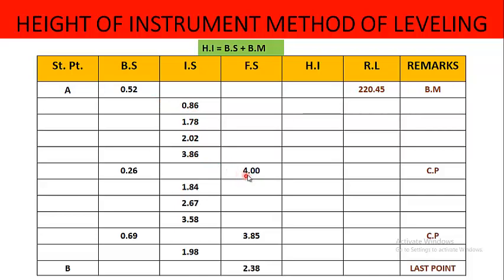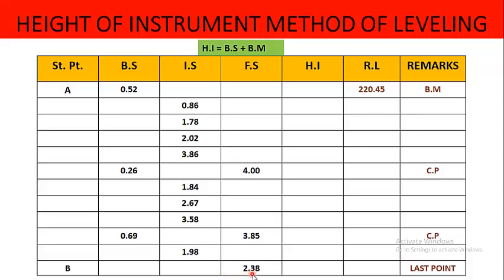Here is the point where the value declined to 0.26. This is the point where we change the position of our instrument, and we write CP, for change point, in the remarks column. Then the values again continue to increase from 0.26 up to 3.85, and then there was a decline. So we took two values at the same distance from point A, and these two values will be written in the same row.